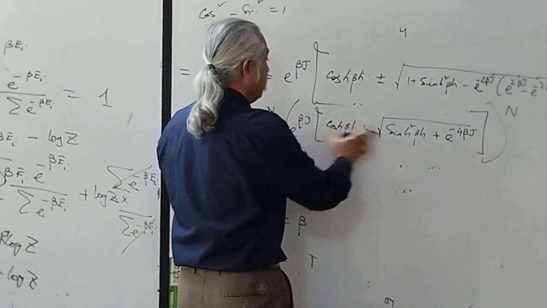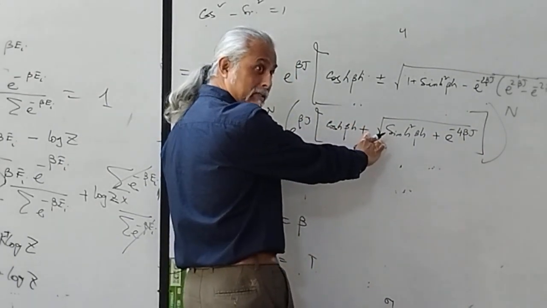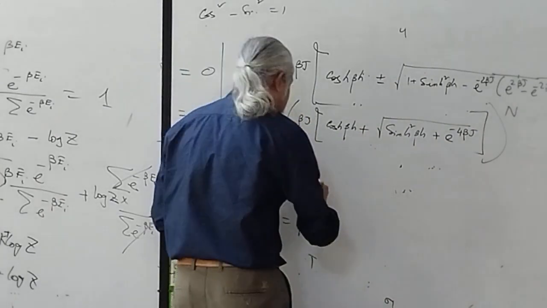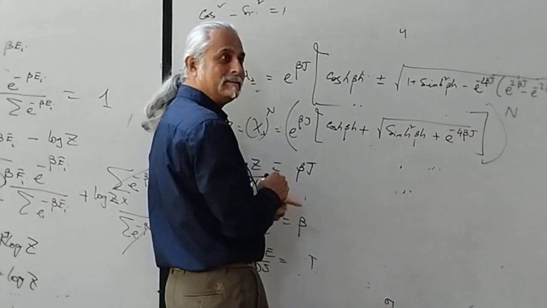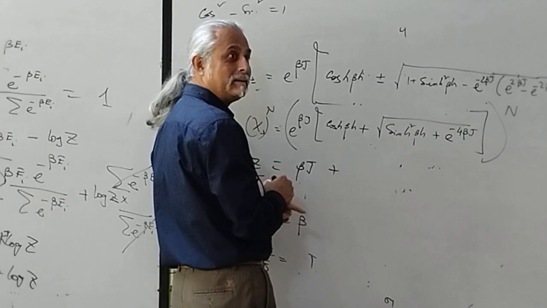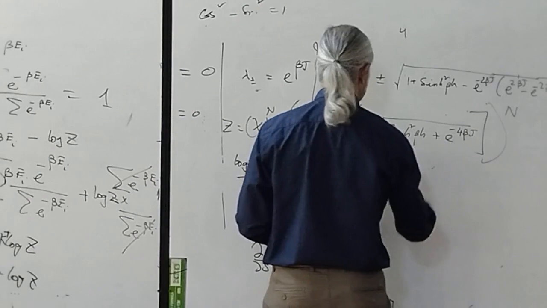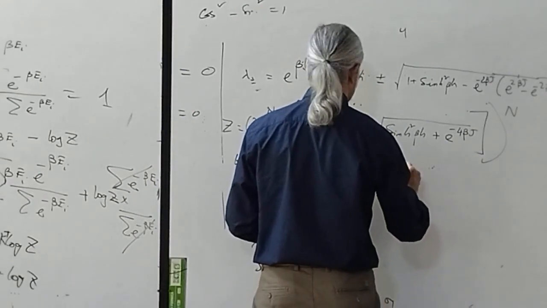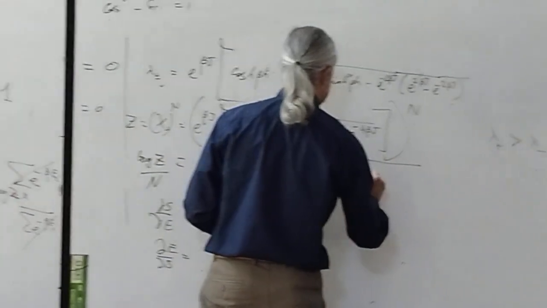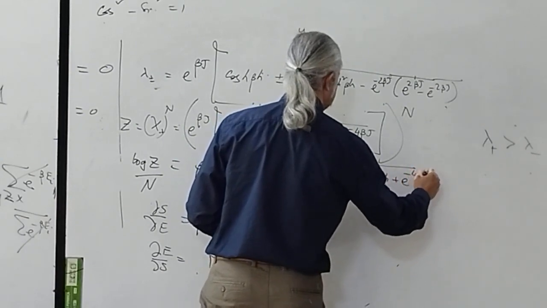Log of a times b, তাহলে log of a plus log of b. ঠিক আছে? বুঝতেছো সবাই? তাহলে log of e to the power beta J plus log of cosh beta H plus sinh square beta H plus e to the power minus beta J.